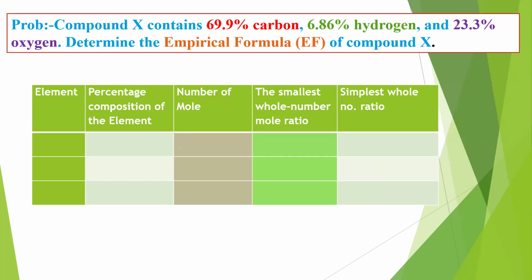First, you write one table showing like this: write the element, next the percentage composition of the element.